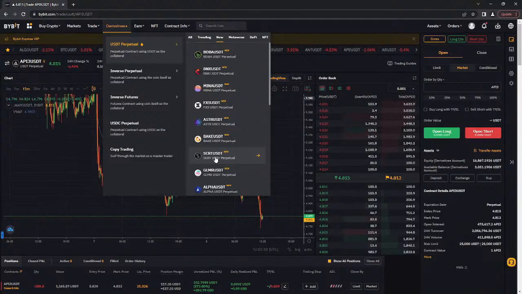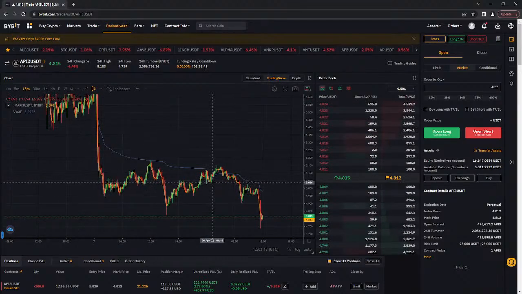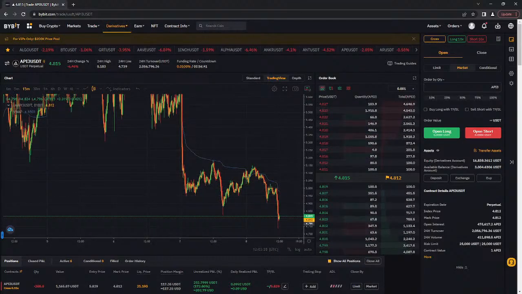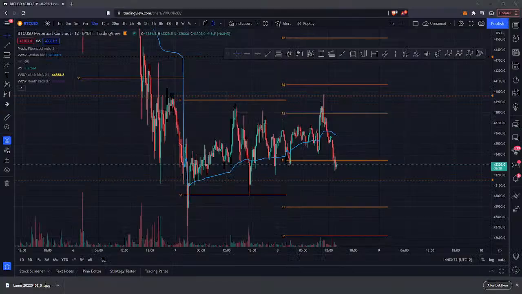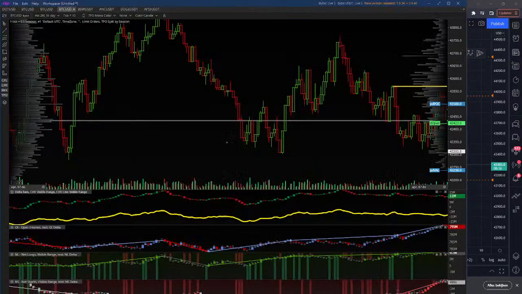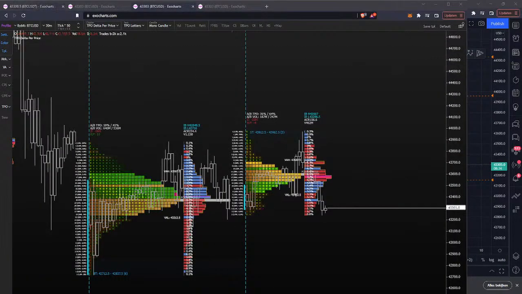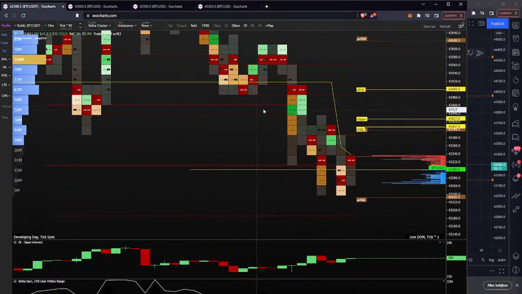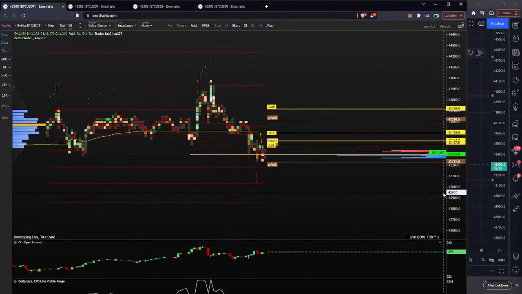I need to add them to TradingView, and we're gonna do that and see how far we get. Meanwhile, we have an eye on Bitcoin. Let's quickly check what is happening here.